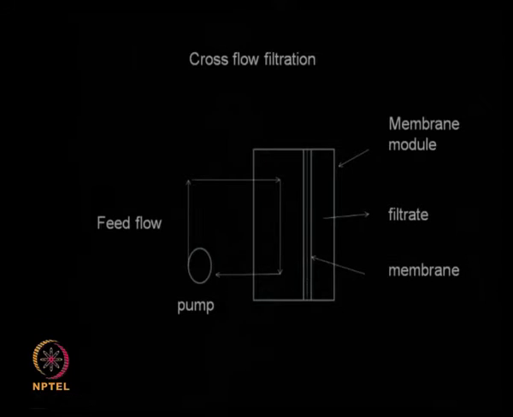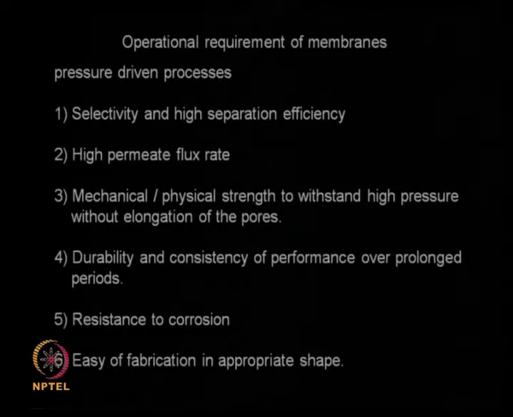So we can have much longer filtration process when compared to the dead end filtration process. So fouling also gets reduced because your liquid is flowing parallel to the surface, so the boundary layer is not getting formed, okay, and even if there is a biofilm formed it gets dislodged or washed out or removed, okay.